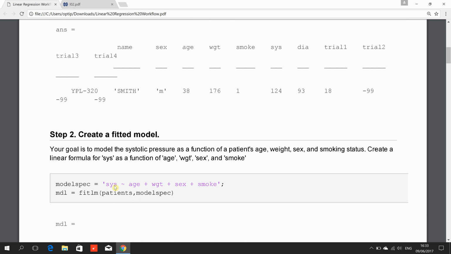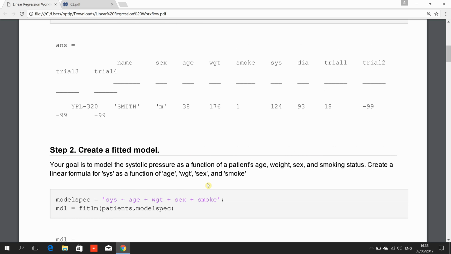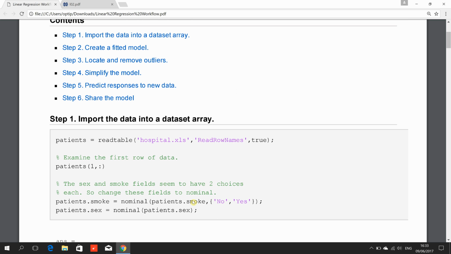Our systolic blood rate is dependent on age, weight, sex, and whether you're a smoker or not. Just before we go on, we make smoking a nominal value, yes or no, or a binary value, whichever way you want to look at it. And likewise for sex, that's a yes, no.